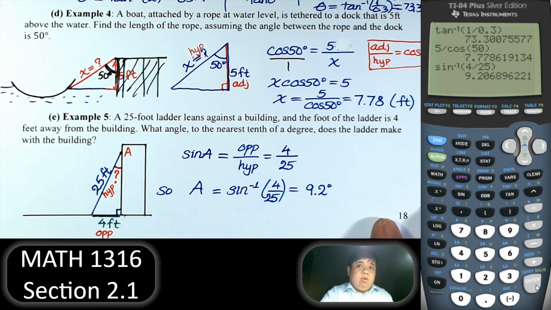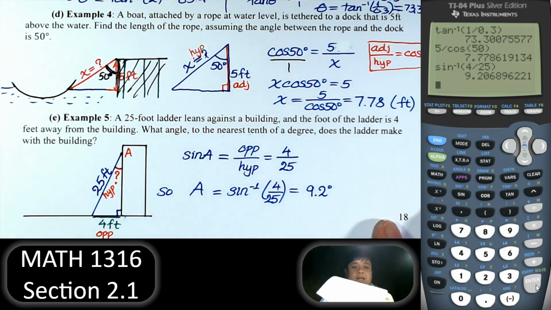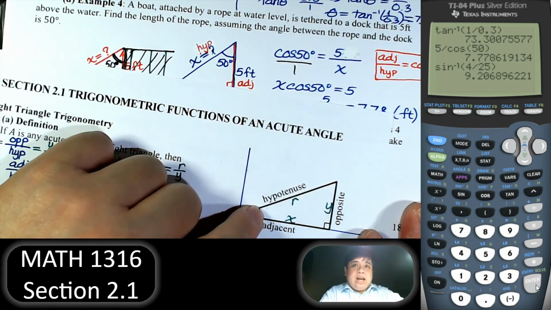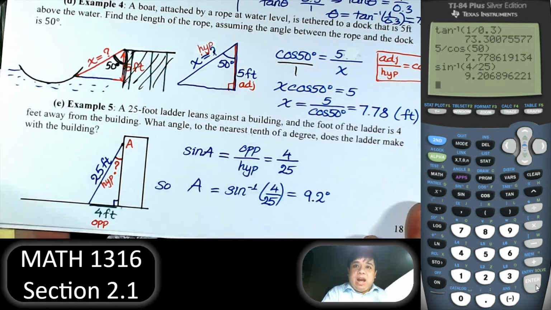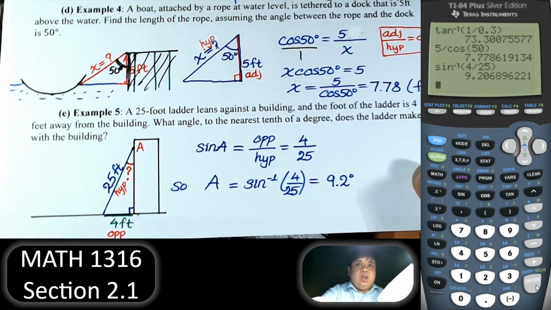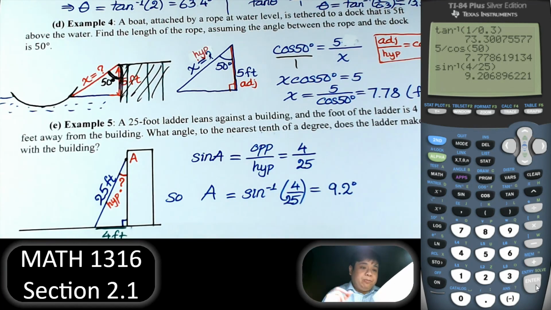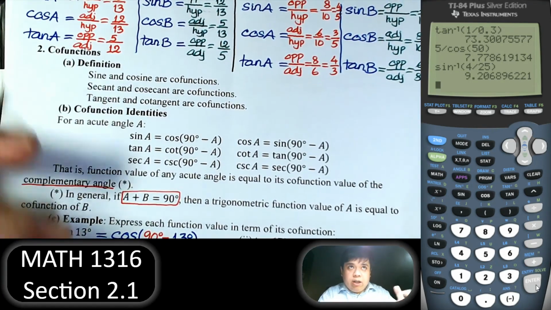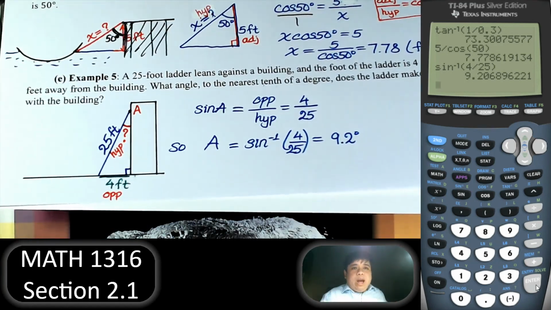The reason it is for the right triangle is because this value is for an acute angle. So we're talking about this angle, that angle. We're not talking about the 90-degree angle, which we know the values. So we only talk about the acute angles. And in the middle of that we have the cofunction identities. Right, but that's all we have for this section.